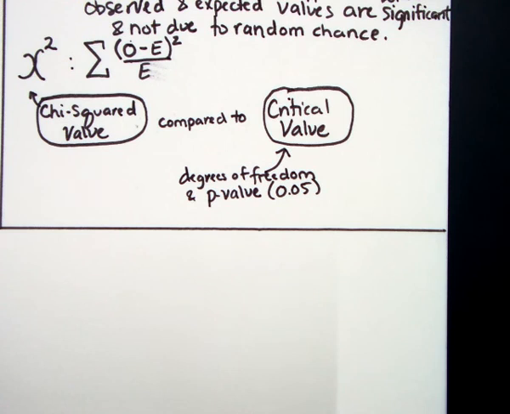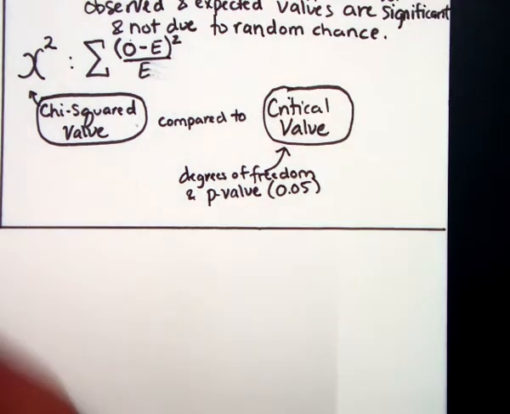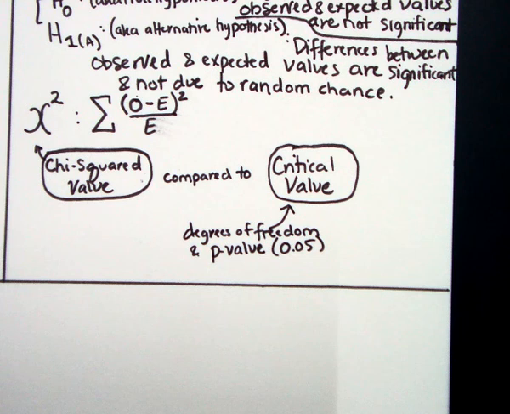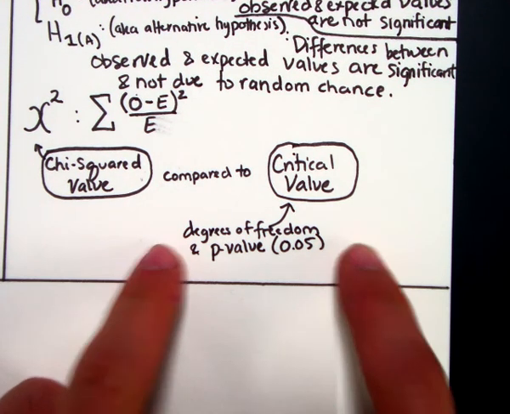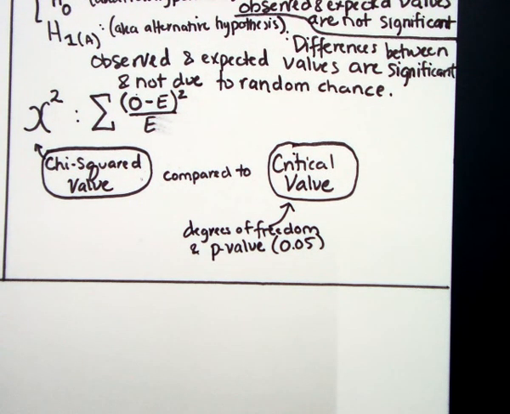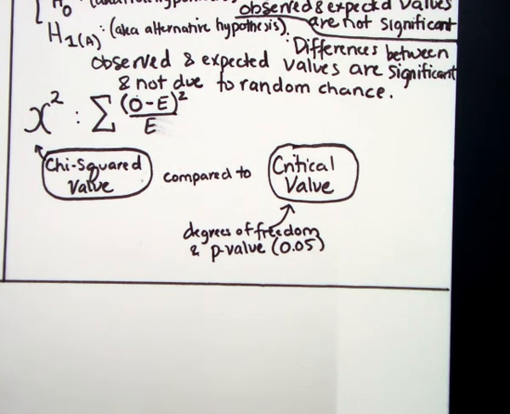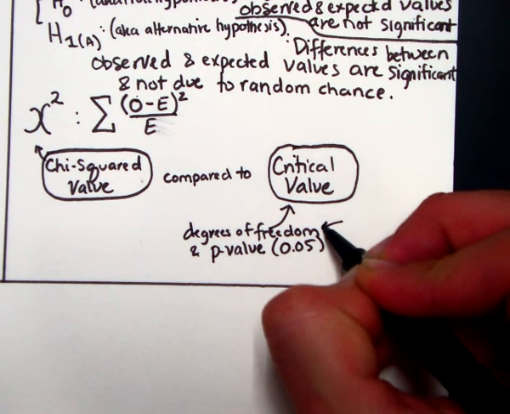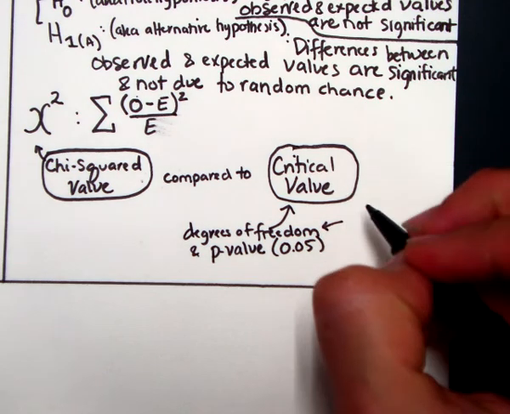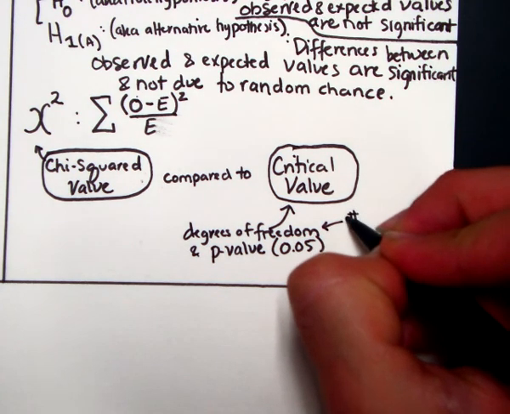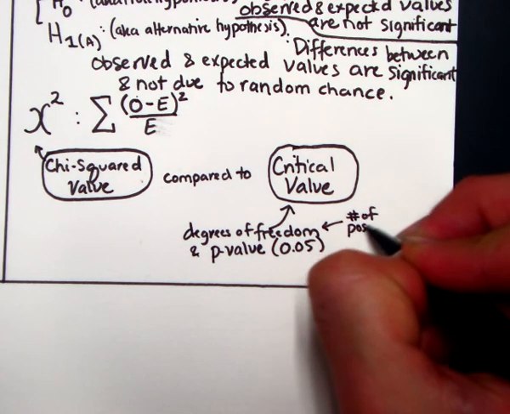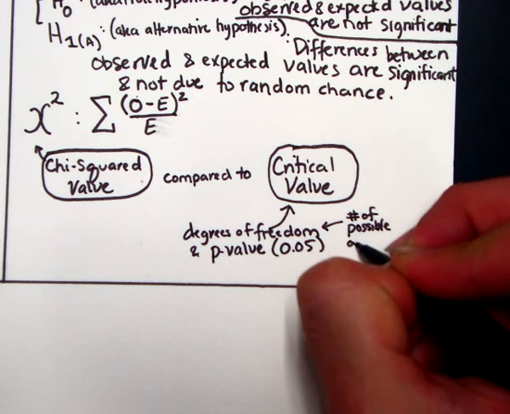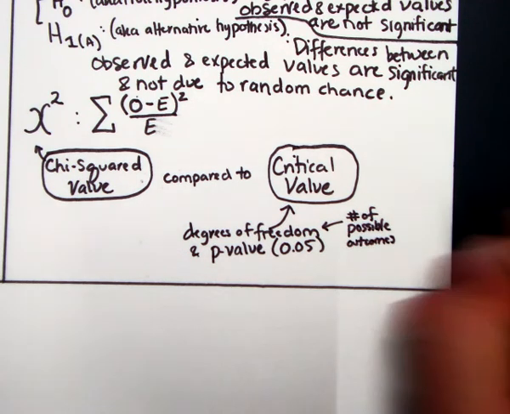Okay, so you got chi-squared value, which is calculated using this formula that you're comparing to a critical value, which is based off of degrees of freedom and a p-value. Now, last thing about degrees of freedom. Degree of freedom we're going to determine by taking the number of possible outcomes and subtracting 1.